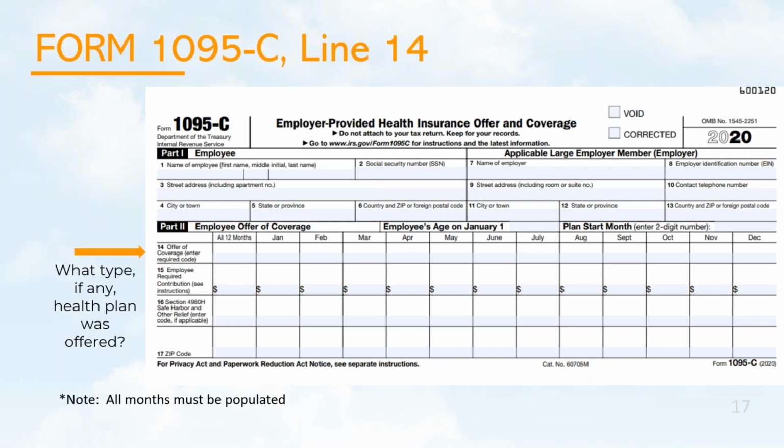But remember that the calendar in your system has to be fully completed. There has to be something in every block in order for your system to be able to file. If someone started work for you in March, there is a code for January and February when they didn't work for you. So you need to have those codes entered into the system correctly. All months have to be populated in order for it to process.